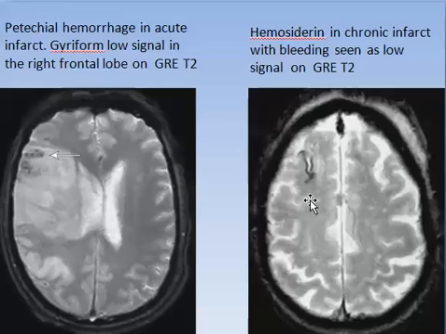And here in a chronic infarct, there is hemosiderin with definite bleeding seen as low intensity in the gradient echo T2 weighted images. So these two T2 star sequences are designed to see small hemorrhages, either in acute infarct or in hemorrhagic transformation in chronic infarct.